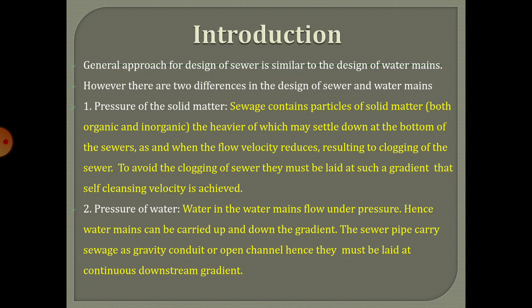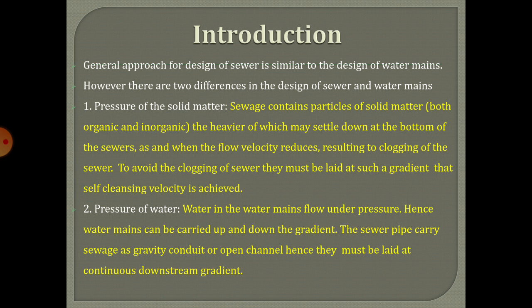Usually, the water supply is carried out under pressure. So, we can lay the water mains at any gradient, like up and down. So, it is much easier in the case of water mains or water supply network. But the sewer pipes are usually carried under gravity or as open channels.